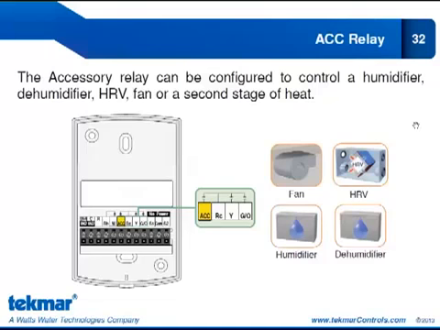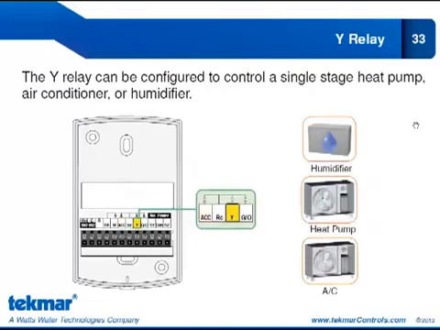So you have 5 options with the accessory relay. The Y relay will be set up for a humidifier, single stage heat pump, or a single stage air conditioner. Now notice the accessory relay, the Y relay, the GO relay, none of these are isolated relays. They're tied to that RC.